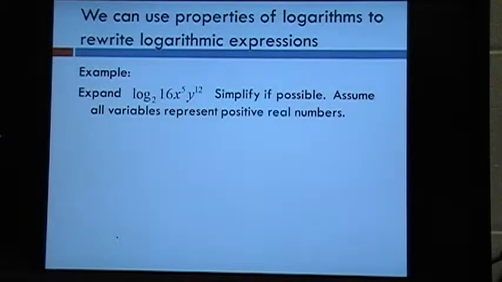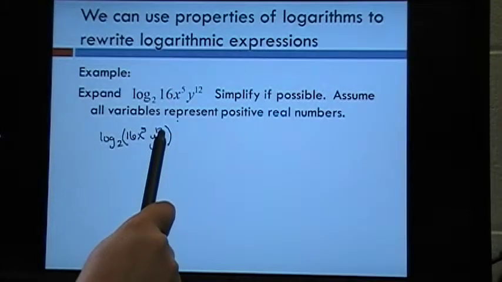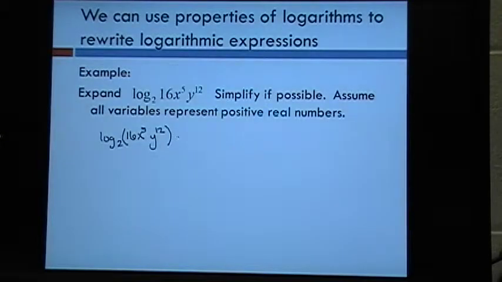Okay, so as we go on from here, we've got log base 2 of 16x to the 5th y to the 12th. So this is my argument. I've got multiplication and I've got powers. I'm going to focus on breaking it up using the product rule first. According to the product rule, this is the same as log base 2 of 16 plus log base 2 of x to the 5th plus log base 2 of y to the 12th.